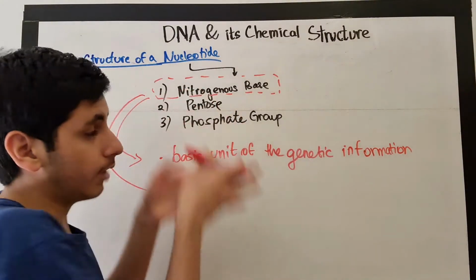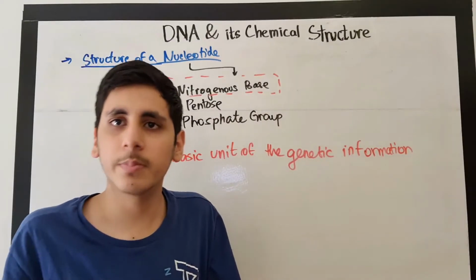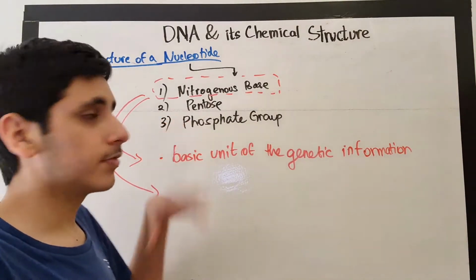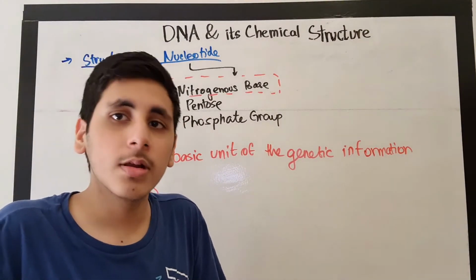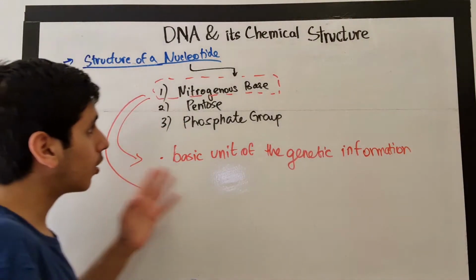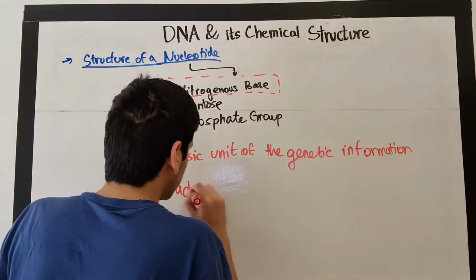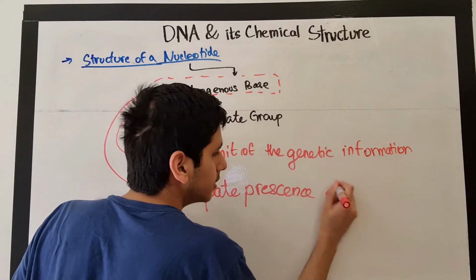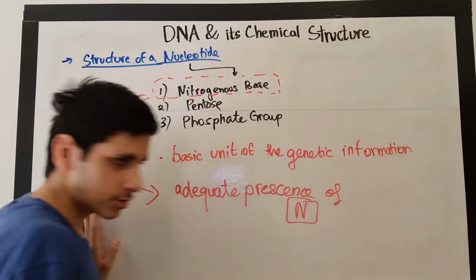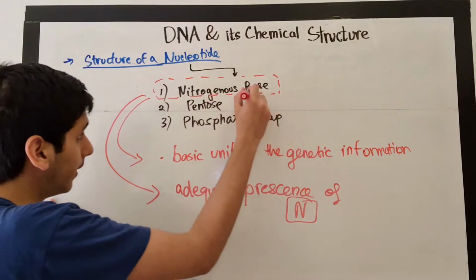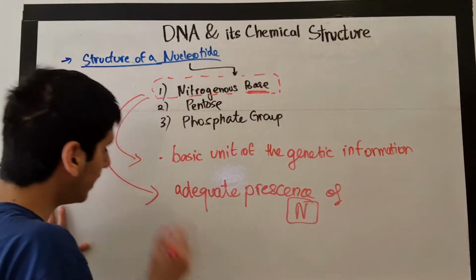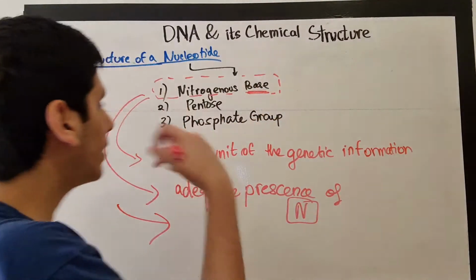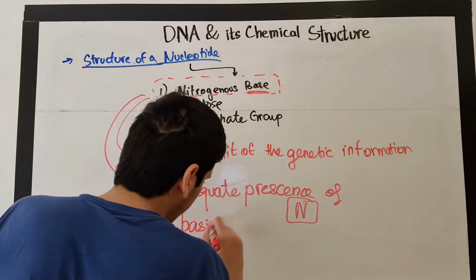Once we draw the structures of each of the compounds and understand more of the biochemistry, we'll be able to understand why it's called nitrogenous. So there's an adequate presence of nitrogen, N of nitrogen. And it's called a base, the last word, because it's basic in nature. So it has basic properties.